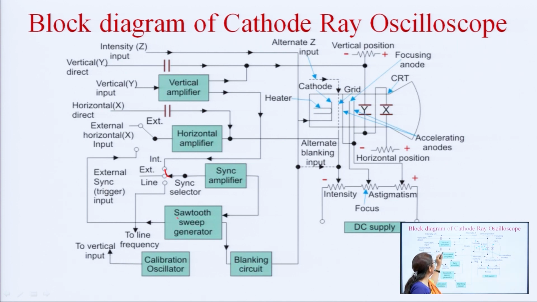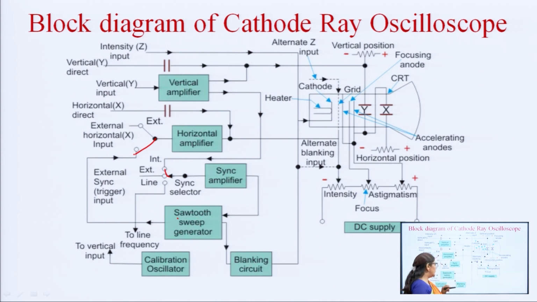So, when the leading edge of the input signal, the unknown signal, appears, the sync circuit will switch on this sawtooth sweep generator, and this sawtooth sweep generator will connect with the horizontal amplifier, and then it is fed to the horizontal deflection plate.